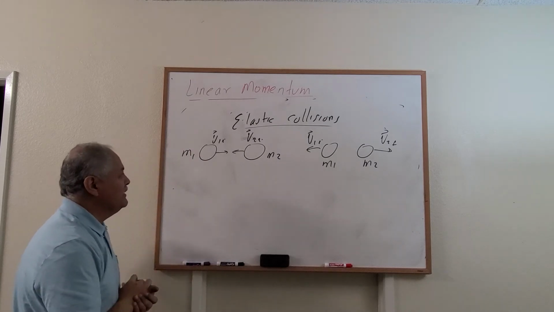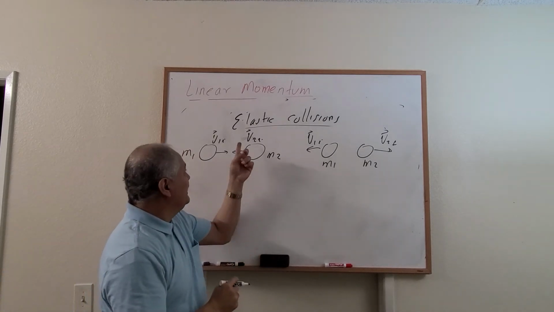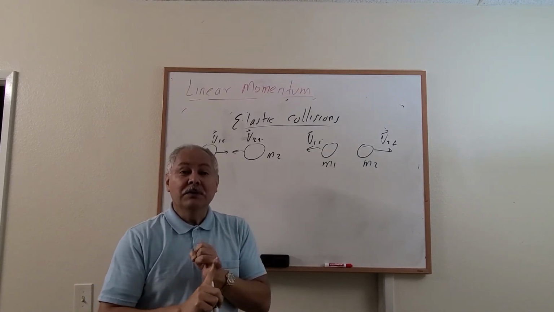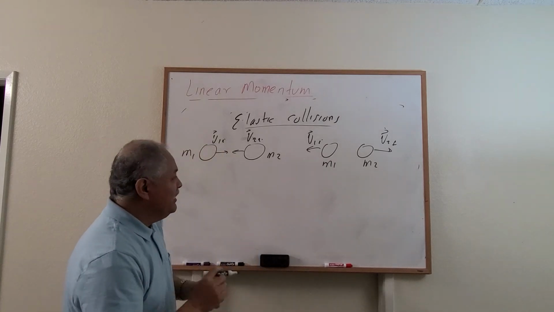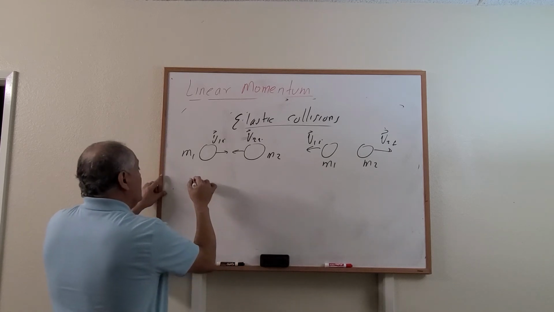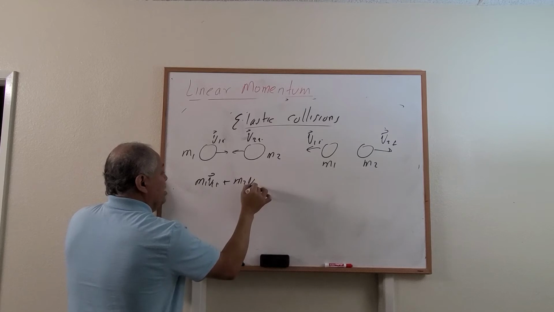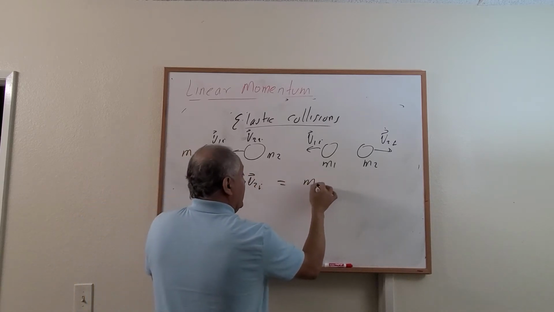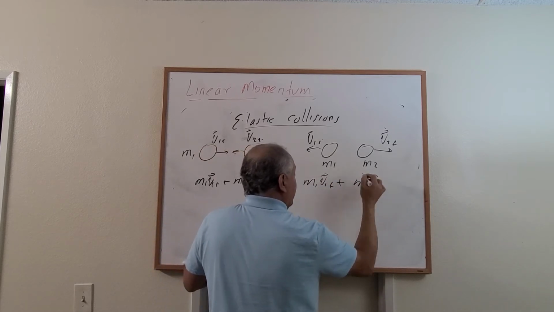As we mentioned before, when we're dealing with elastic collisions, momentum and kinetic energy are conserved, so we use these two equations. For momentum: m1 v1 initial plus m2 v2 initial equals m1 v1 final plus m2 v2 final.